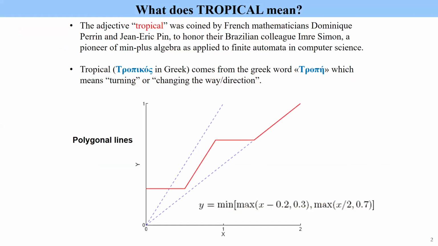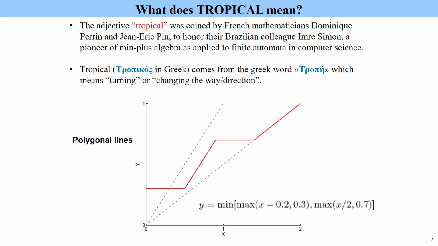Well, what does the adjective tropical mean? It was coined by French mathematicians Dominique Perrin and Jean-Éric Pin to honor their Brazilian colleague Imre Simon, who was pioneering in min plus algebra as applied, though, to computer science, not machine learning, finite automata.